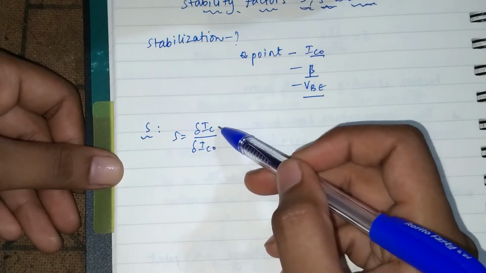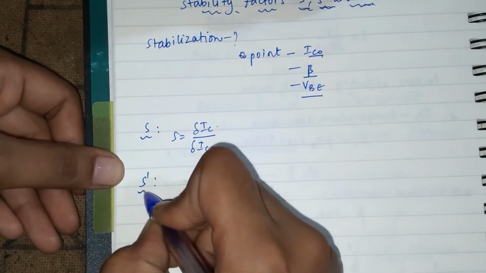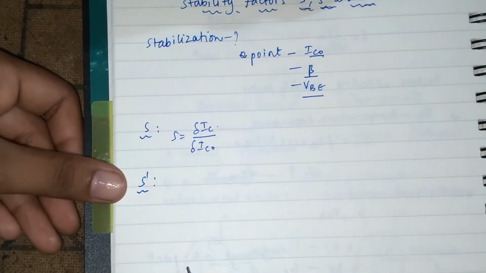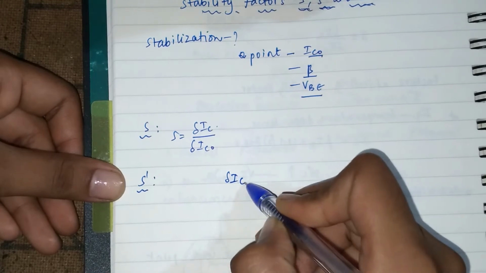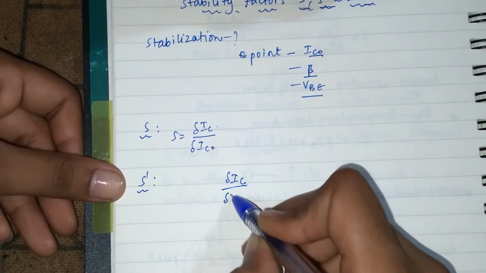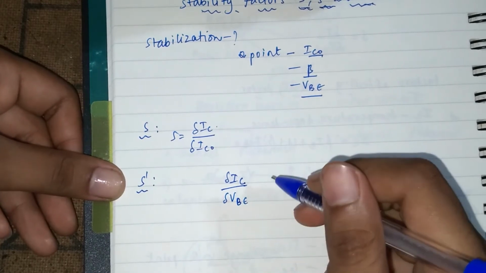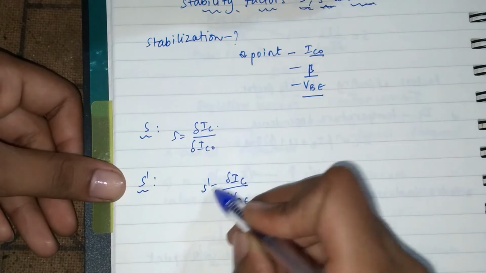Now you understood the definition of the stability factor S. Going to S dash, it is the rate of change of IC, delta IC, with respect to VBE at constant values of ICO and beta, and it is known as stability factor S dash.